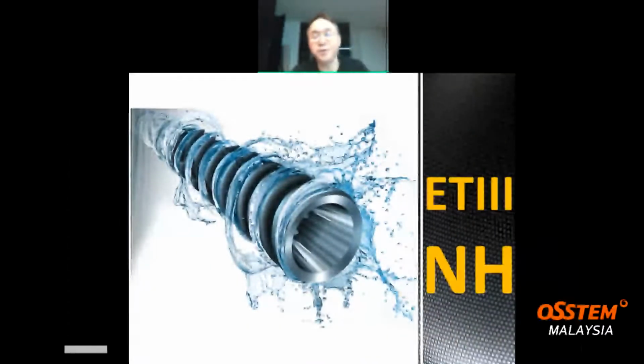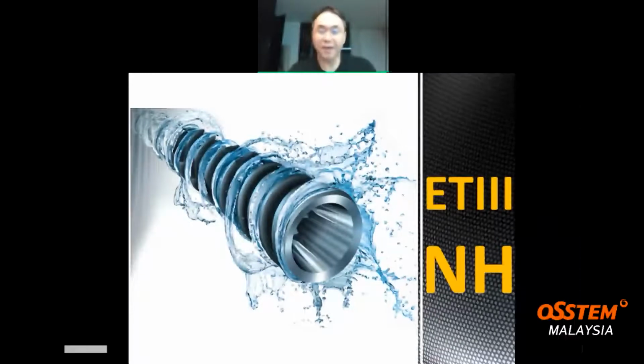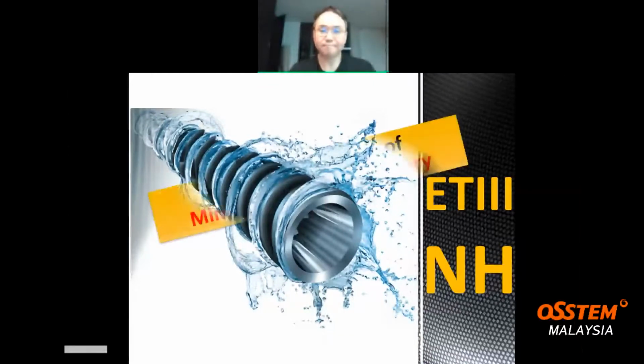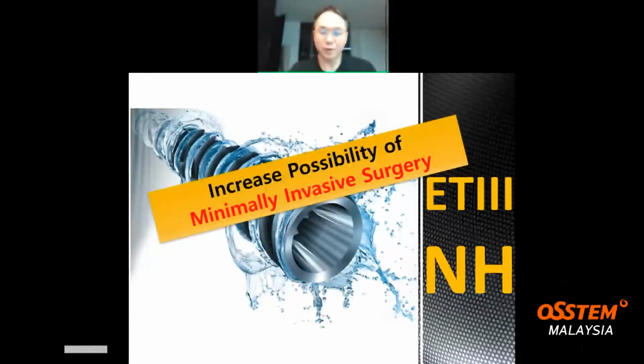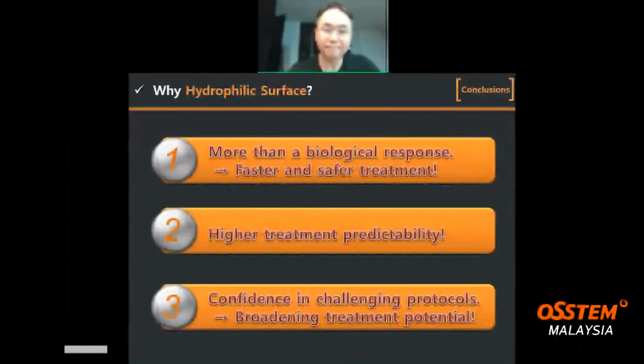From that point of view, the ETIII NH implant will be quite a good weapon to overcome poor bone quality and quantity. By using this implant, we can increase the possibility of minimally invasive surgery by skipping the bone grafting.